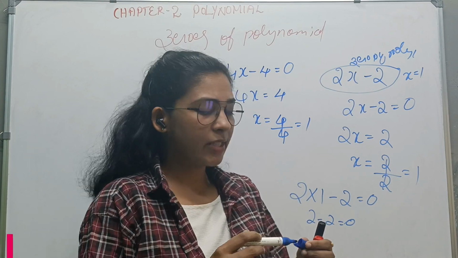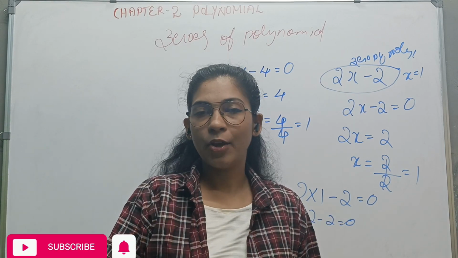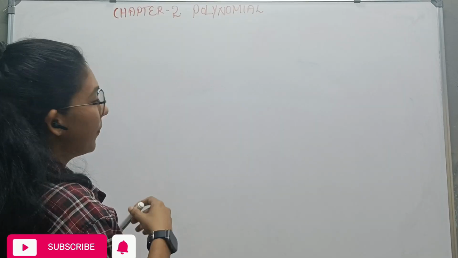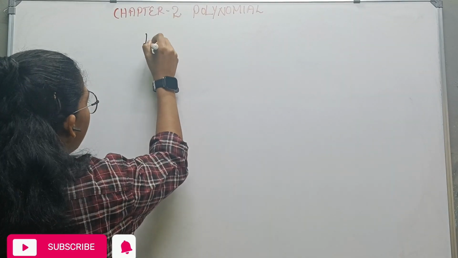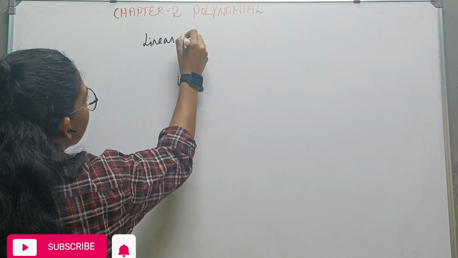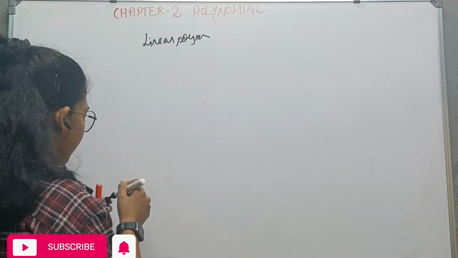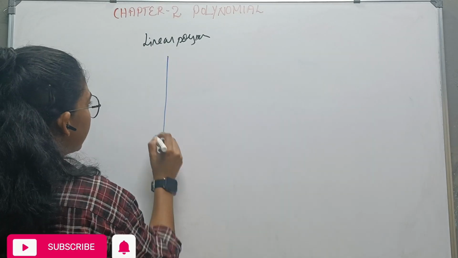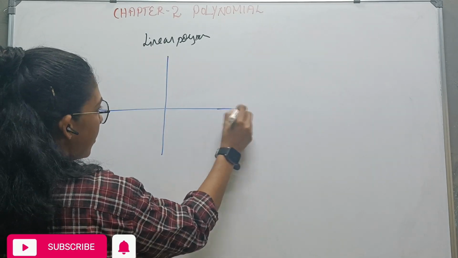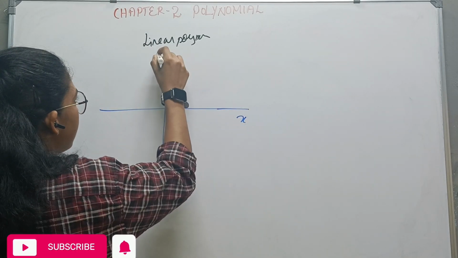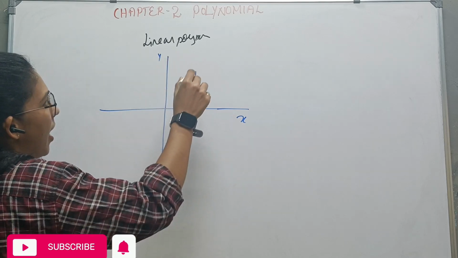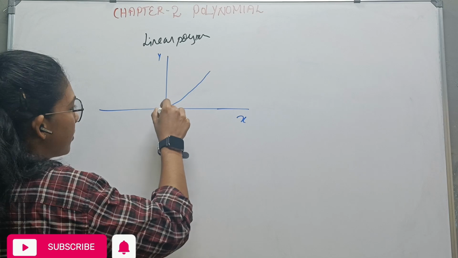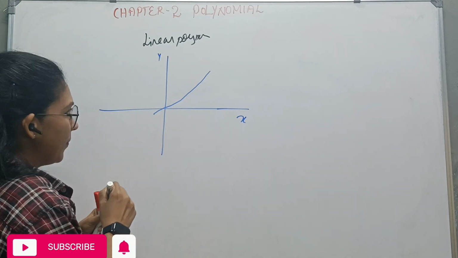Then the next point is the geometrical meaning of zeros of a polynomial. In the case of a linear polynomial, the graph should be like this. This is a rough sketch. This is the x-axis and this is the y-axis, and the polynomial should be like this.